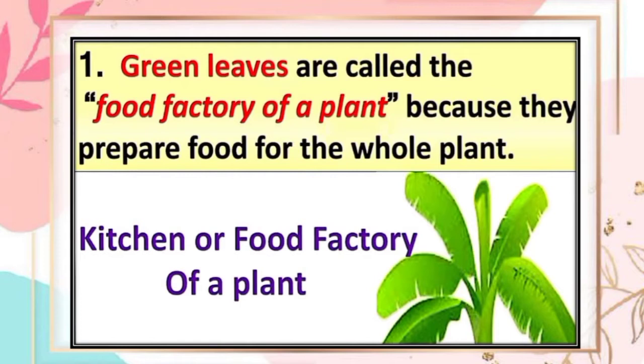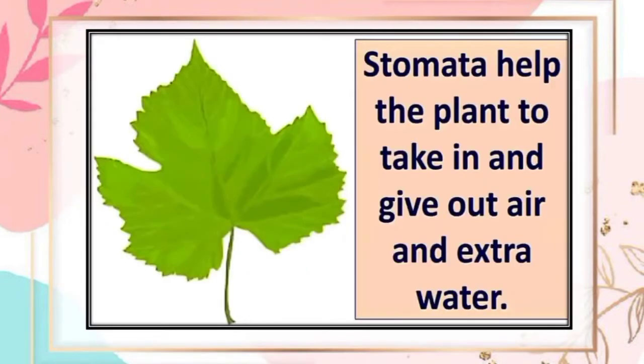So the leaf of a plant makes food, and therefore it is called the food factory of a plant. It also helps a plant to let air in and out through stomata, as taking in oxygen is very important because it allows you and your cells to do things like make energy from the food you eat.